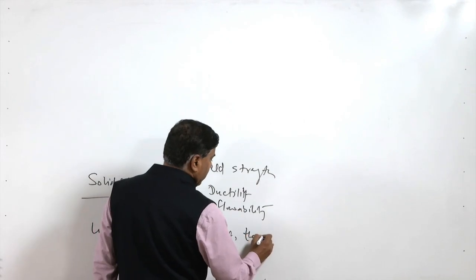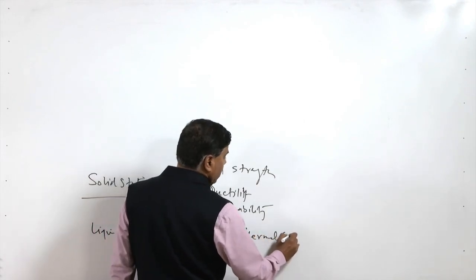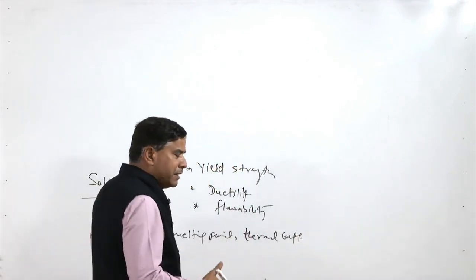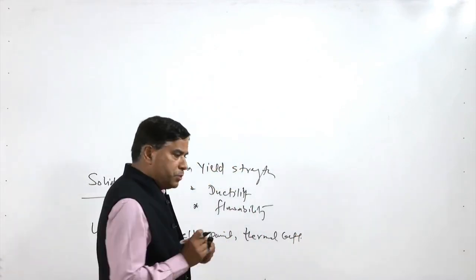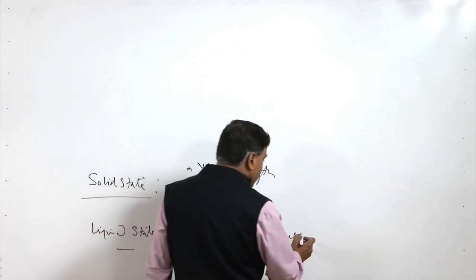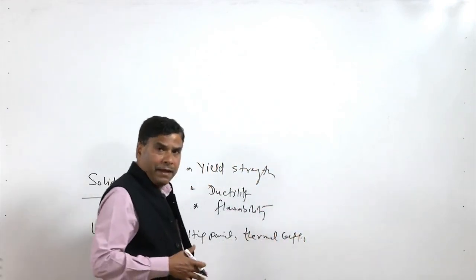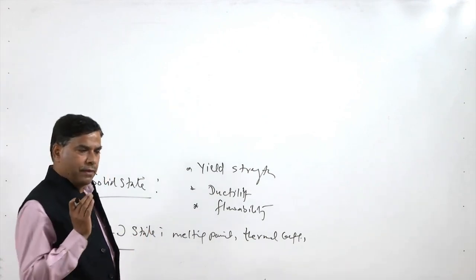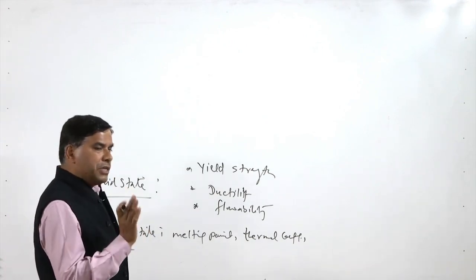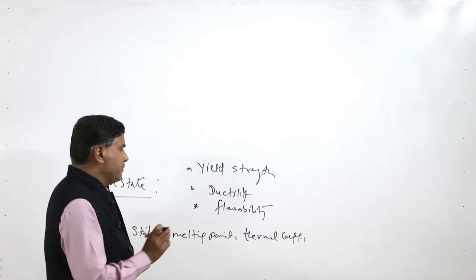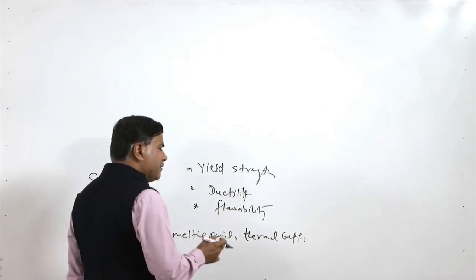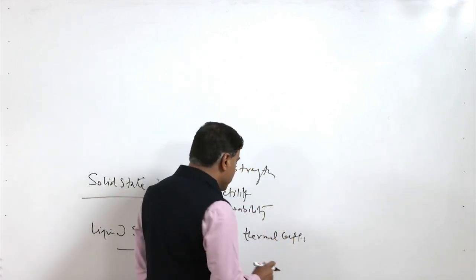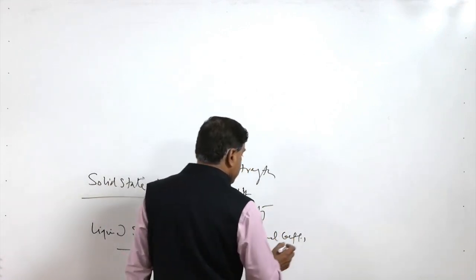Then the thermal expansion coefficient: we need to see that the faying surfaces which are being heated do not expand much, otherwise the expansion of the region near the molten faying surfaces will increase, and that will increase the tendency for distortion as well as residual stresses.